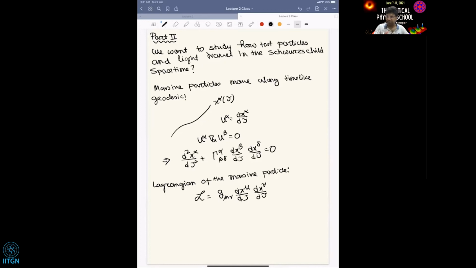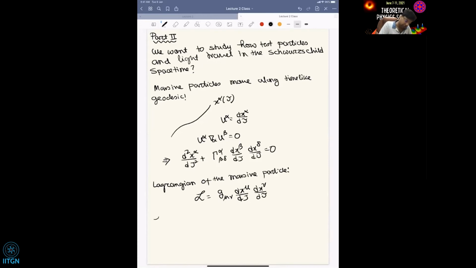Its integral with respect to the proper time will give you the action. We will now have the Schwarzschild metric in place of g_μν. The background space-time is Schwarzschild.